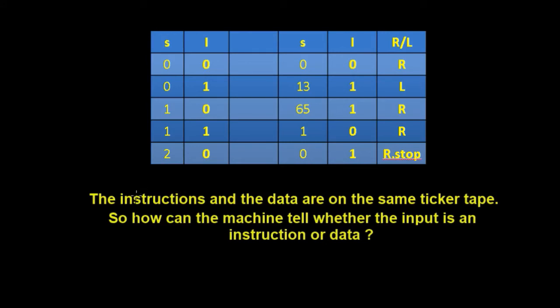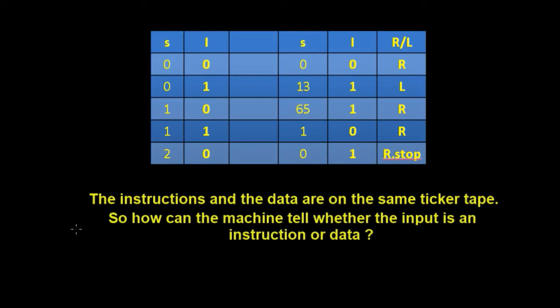Now the problem that we're going to have here is that we're going to have instructions. So instructions are going to tell the Turing machine how to act, but we're also going to have data on the same ticker tape, and we have to be able to distinguish between the data that's on the ticker tape that we're acting on and the instructions which tell the Turing machine how to act.